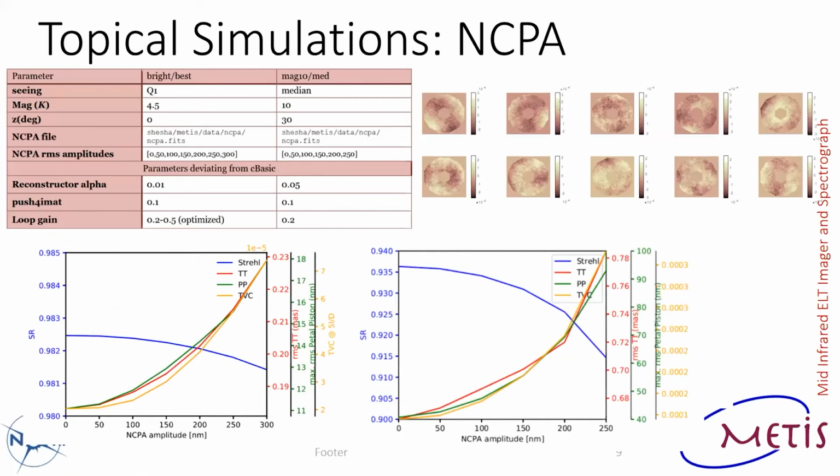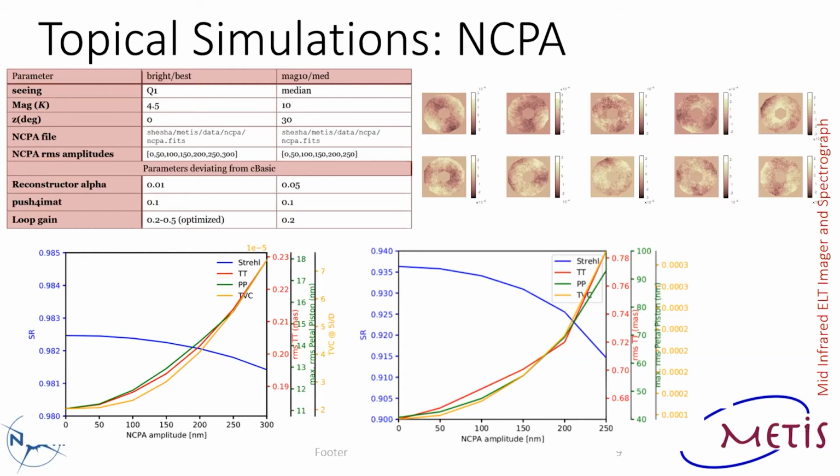Another thing is looking at NCPAs. I said that we have feedback from the science camera and we need to update NCPAs from time to time. It's important for the high contrast imaging people. Typical NCPA amplitude expected is around 110 nanometers these days. On the bottom, you can see the response of the system. This is another output of our standard evaluation system.